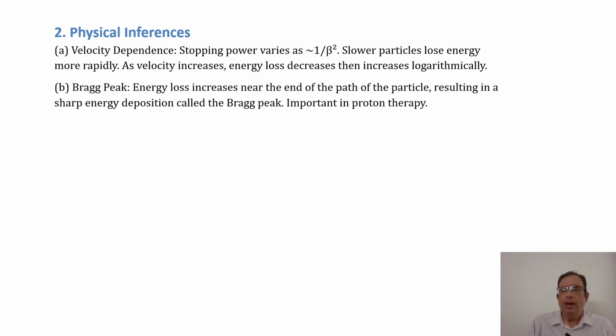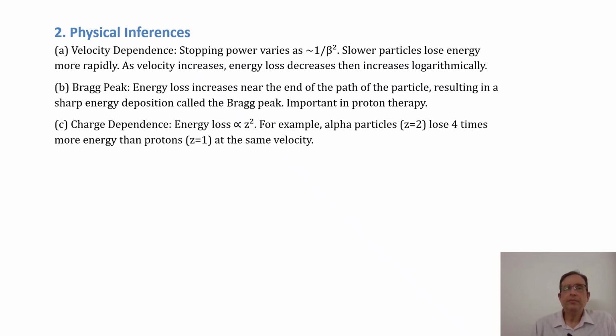Because when the particle slows down, at that point it starts capturing electrons at the end of the path when its velocity is very small, its energy is very small. From the surrounding medium it tries to neutralize itself and capture electrons. In that process it deposits a lot of energy in the material, and that is the reason for the Bragg peak.